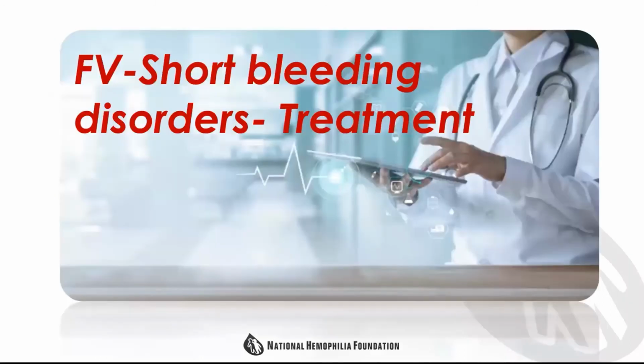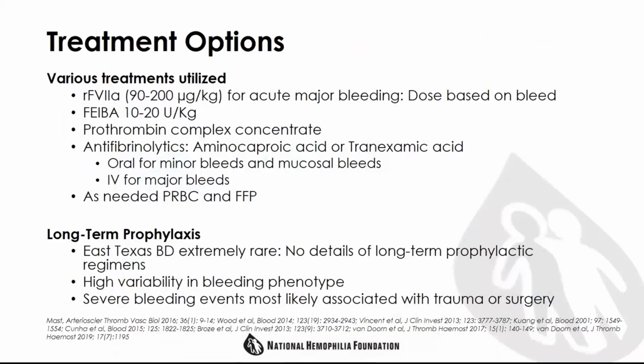So what do we do for treatment? As I've mentioned in the table, various treatments are available and are being utilized because we do not have anything specific. This includes recombinant factor VIIa, fiber, prothrombin complex concentrate, antifibrinolytic agents, which can be used either orally or intravenously. And as needed, packed red blood cells and fresh frozen plasma can be used.